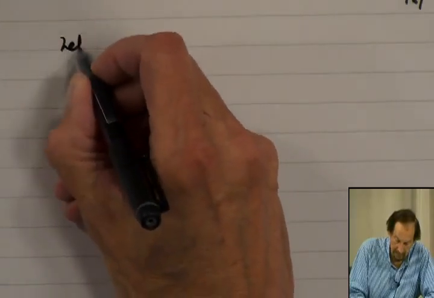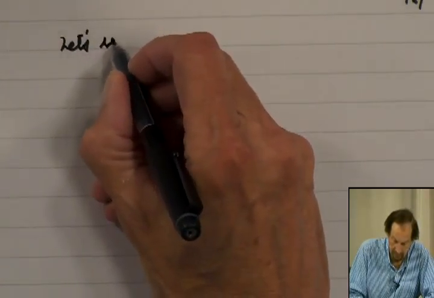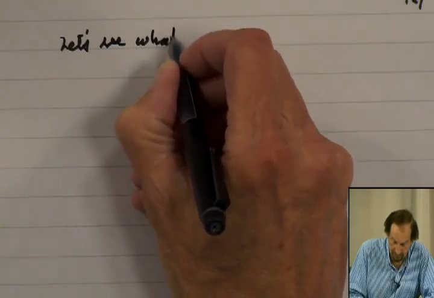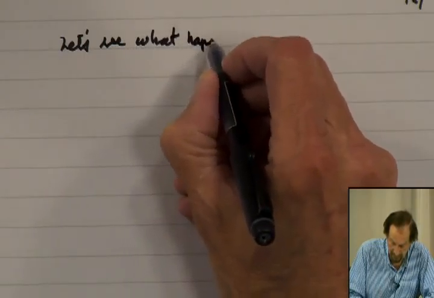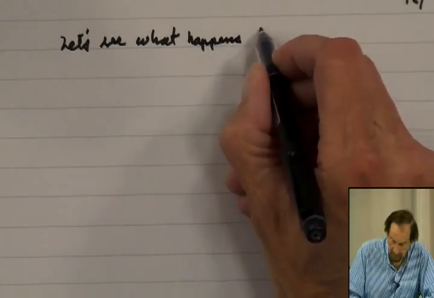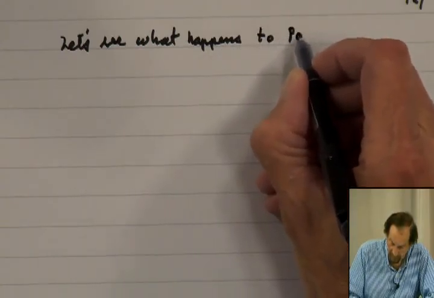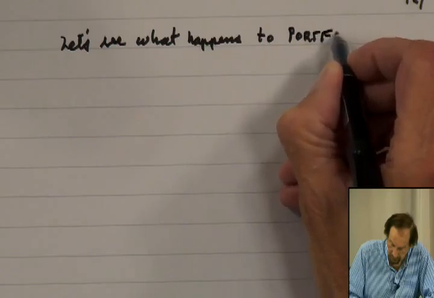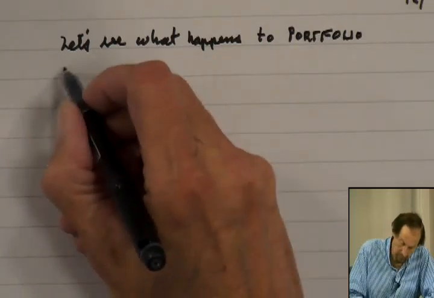Now, let's look at some other diversification. Let's do another example. Let's see what happens to portfolio variance. Why don't we call it risk?